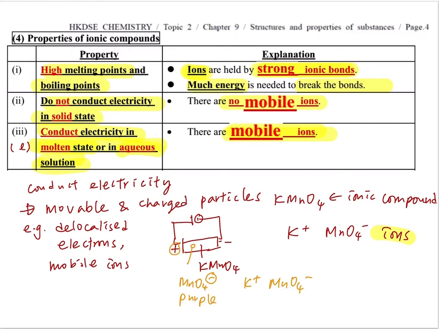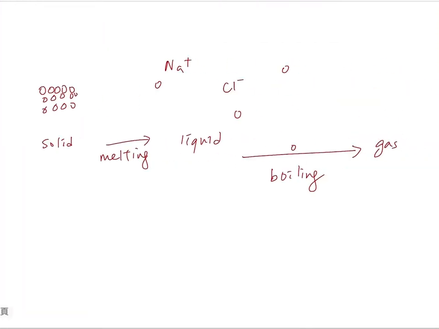So I use another page here. For melting, it changes the substance, the ionic compound, from solid to liquid like here, and then to gas, further away, okay? Gas like here, further away.